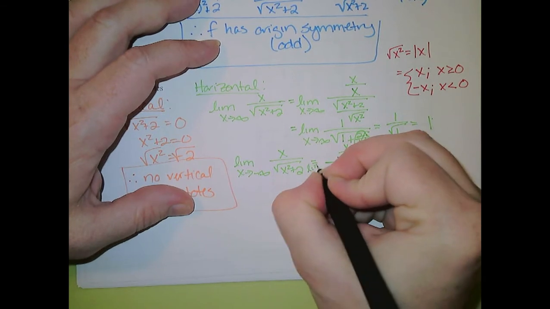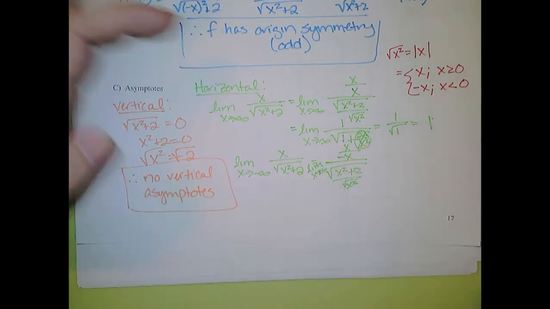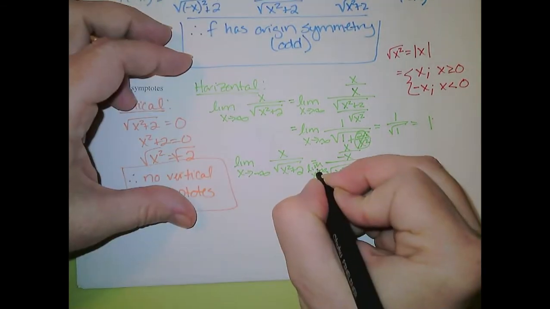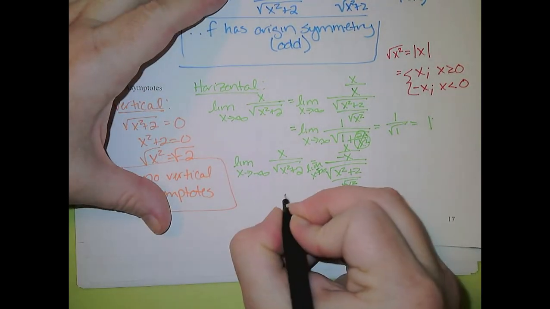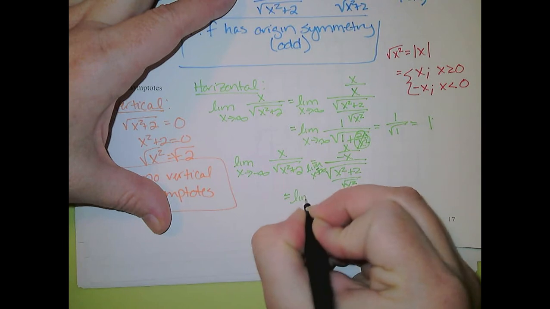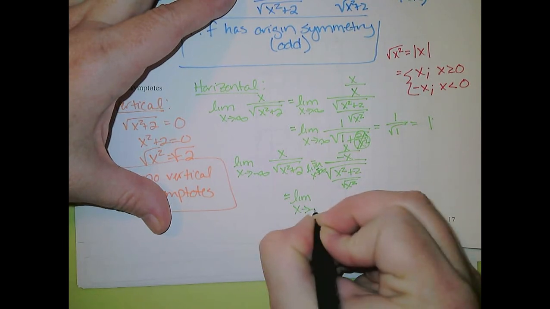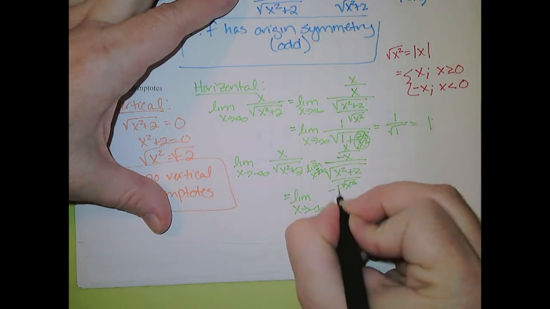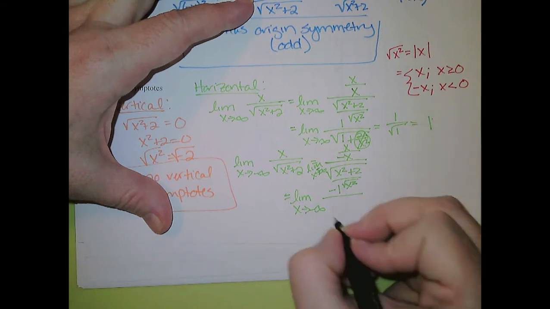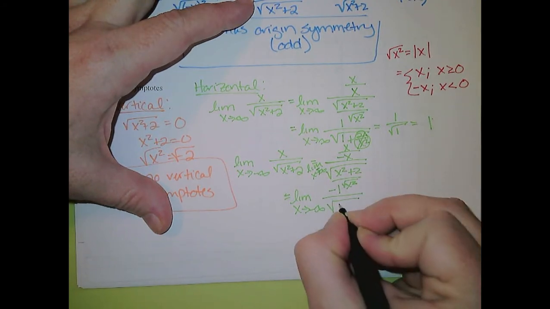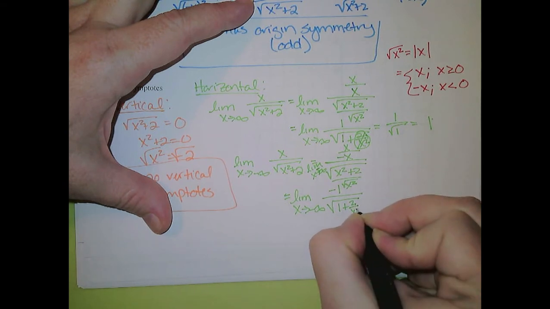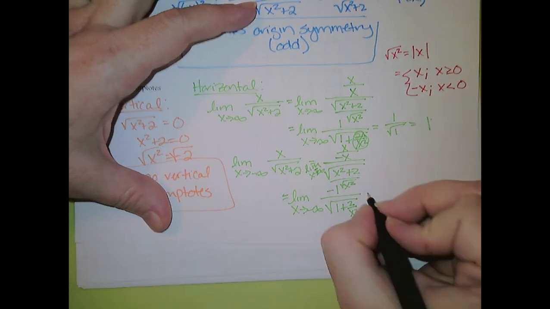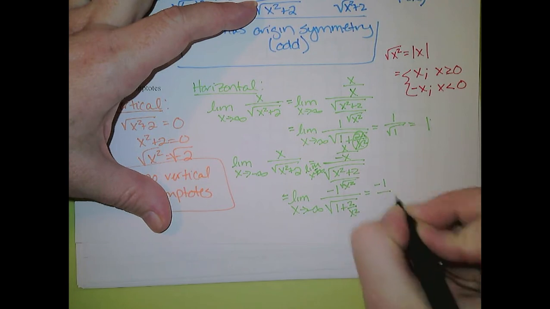Limit as x approaches negative infinity. So now I have the limit as x is approaching negative infinity of negative 1 divided by the square root of 1 plus 2 over x squared, which would give me negative 1 over the square root of 1, which would be negative 1.